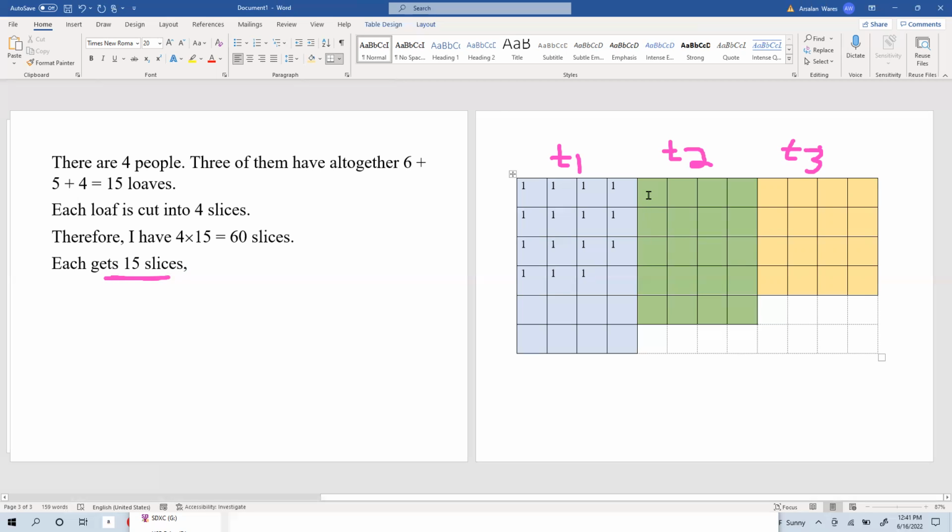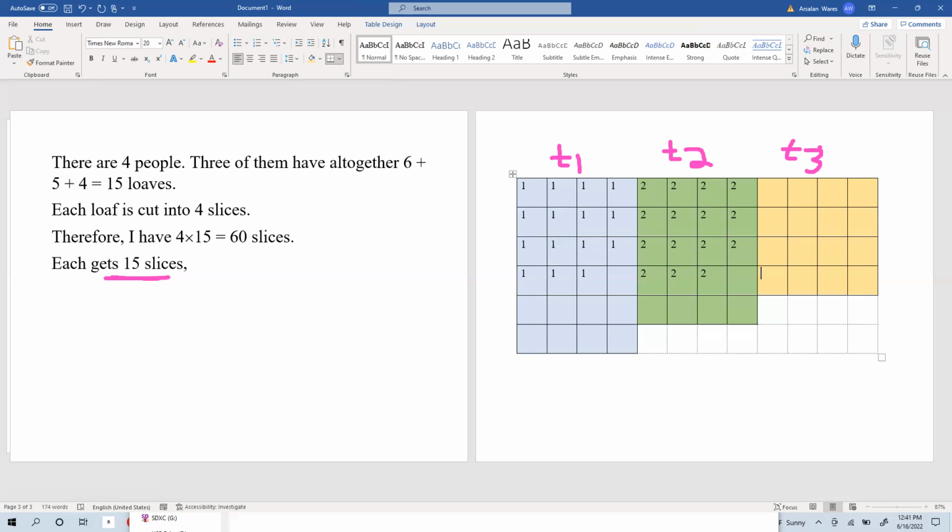Okay. Traveler 2 has more than 15 slices, so I'm going to write 2. She gets to keep 1, 2, 3, 4, 5, 6, 7, 8, 9, 10, 11, 12, 13, 14, 15. I don't want to mess it up.